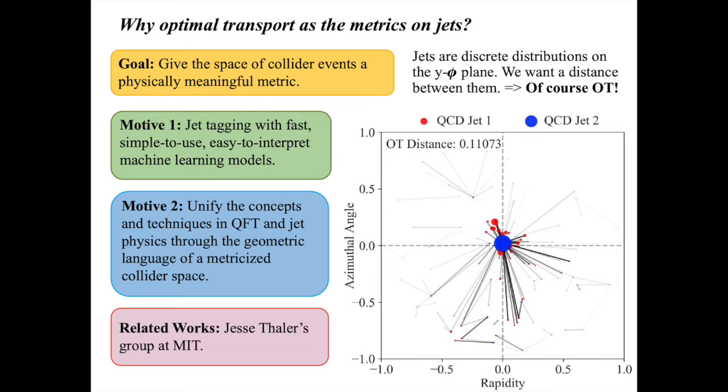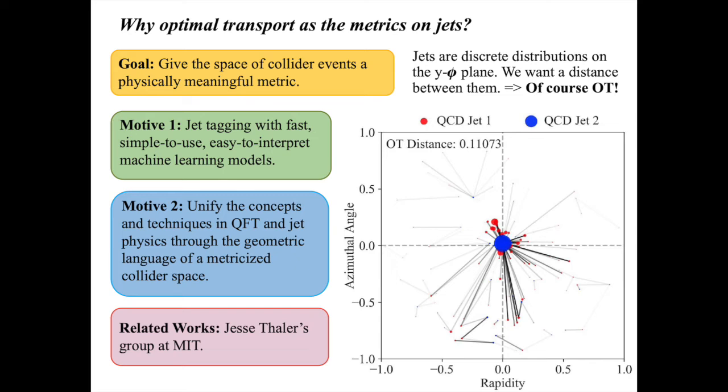Other choices, of course, exist and will be studied in the future. So we see jets are discrete distributions with rich substructures, and the relative locations of their constituent particles carry important physical meaning. If we want to define a distance between two such jets, optimal transport is a natural way to go. For example, here you see the transport plan and the W2 distance between two QCD jets.